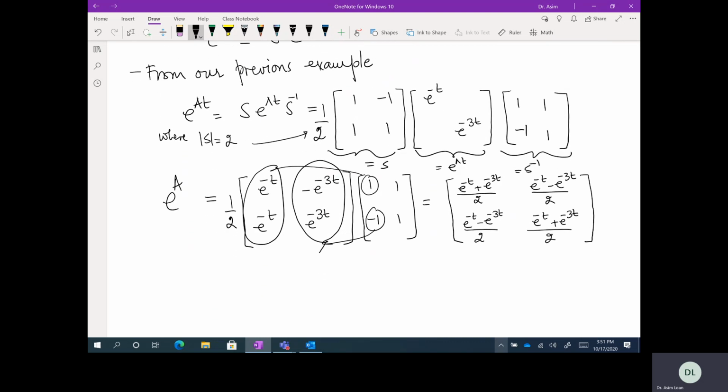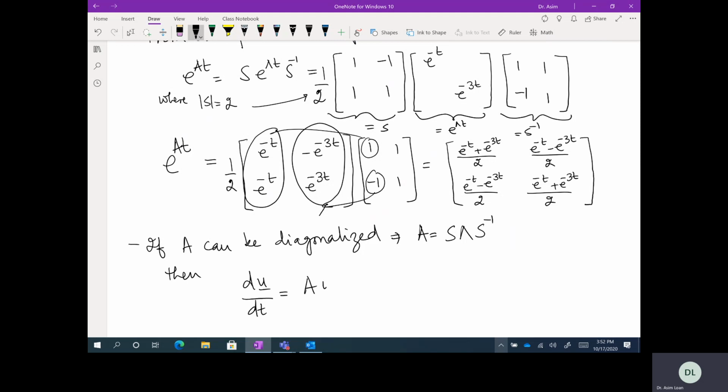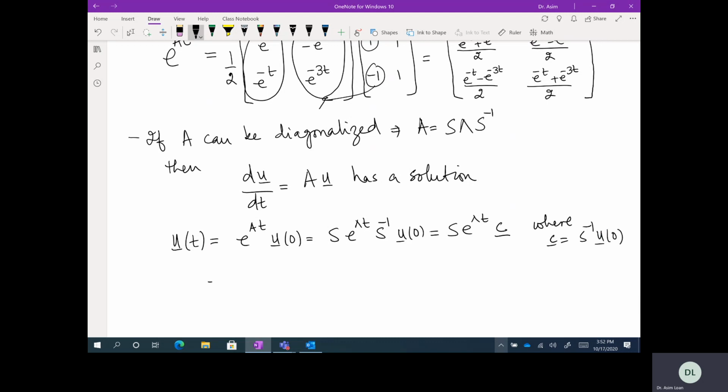So this is e^(At). So if A can be diagonalized, this implies A is S Λ S inverse, then du/dt equals Au, as a solution u(t) equals e^(At) u0, which is equal to S e^(Λt) S inverse u0, which is equal to S e^(Λt) c, where c is S inverse u0.